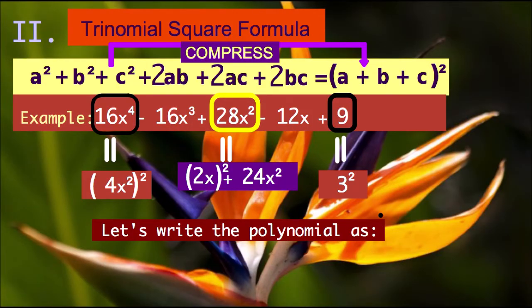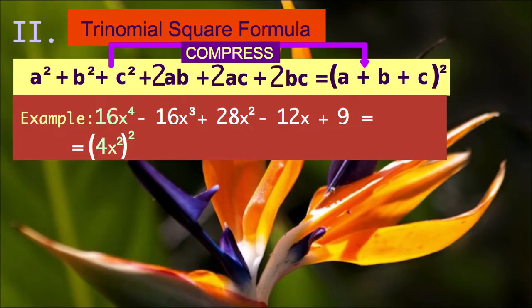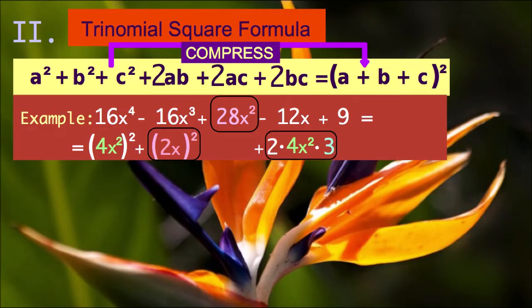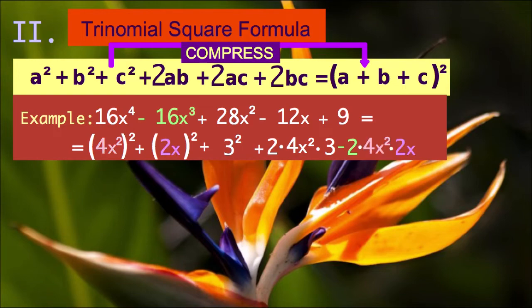Let's write the polynomial as 4x squared, everything raised to the second power, plus 2x raised to the second power, plus 2 times 4x squared times 3, which is that 24x squared from before, plus 3 squared, minus 2 times 4x squared times 2x, which comes from that 16x cubed, minus 2 times 2x times 3.